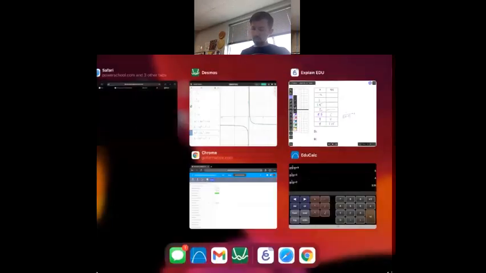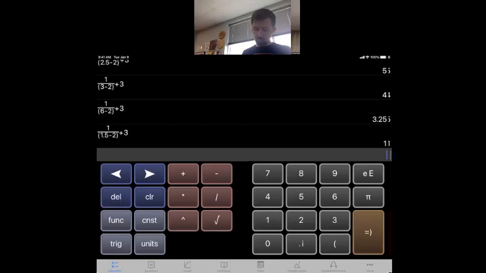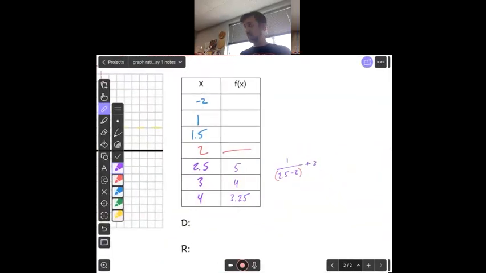So then we need to do the left side. So I want to go to 1.5. And then I want 6 minus 2. See? 1 over 6 minus 2. Oh, I said 4 away, and then I wrote 4.